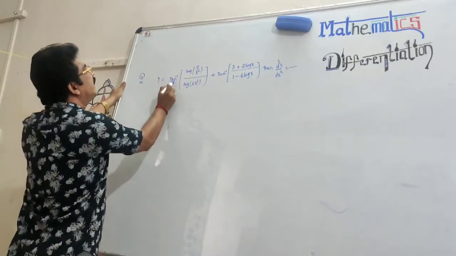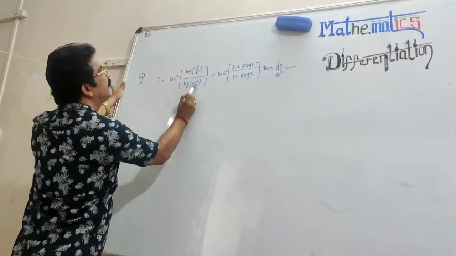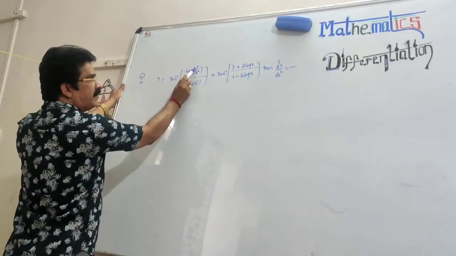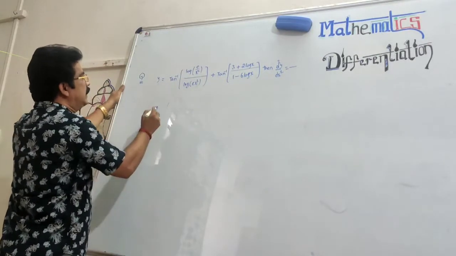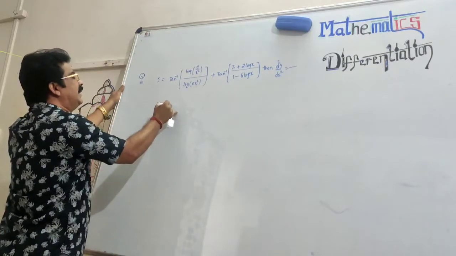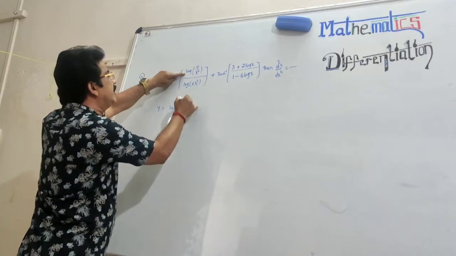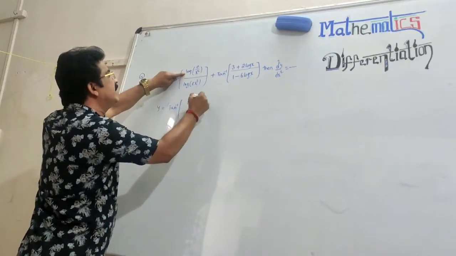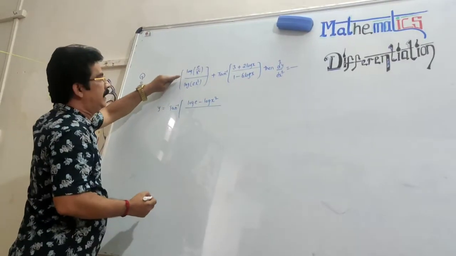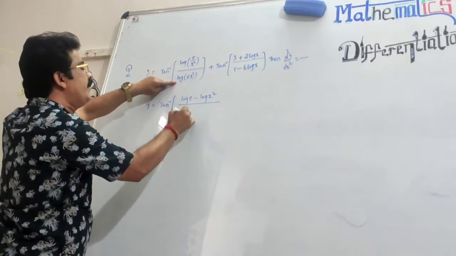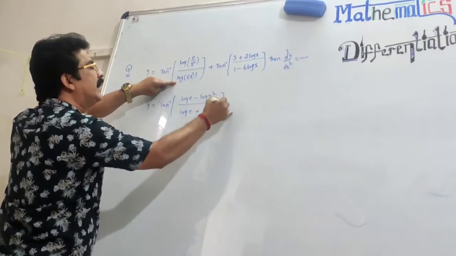y equal to tan inverse of (log of e by x square, whole divided by log of e x square). So it is in the form of log of m by n and log of m into n. Right. Okay. So first we simplify y, later we shall find the first and second derivative. Actually it is log m minus log n, divided by log of m into n: log e plus logarithm of x square.